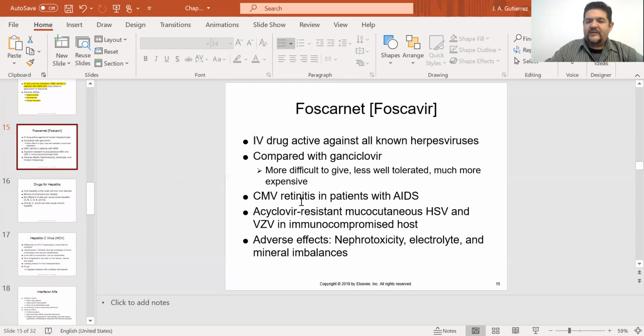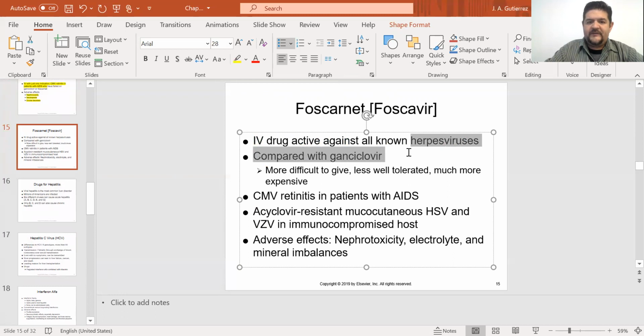Another medication, foscarnet, also very good to treat viral infections. It's up there with ganciclovir. Same thing for CMV retinitis or cytomegalovirus in the retina. Foscarnet is used when the virus is already resistant to all the other cyclovir options that we have. And same thing, it's eliminated by the kidney, so we're going to have nephrotoxicity.